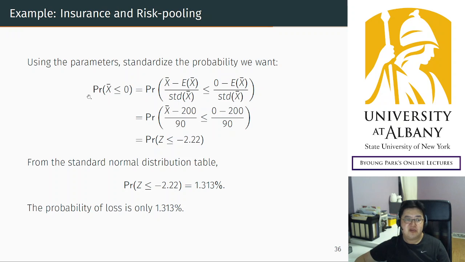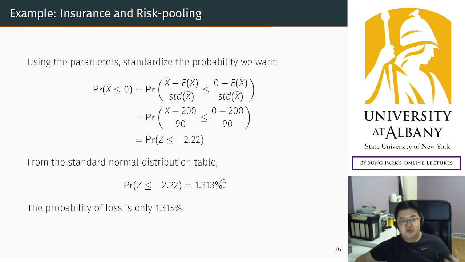So the probability of making a loss can be calculated as a probability of the standard normal distribution. From a calculator, Excel, or a table, find this probability. Then you will get 1.313%.